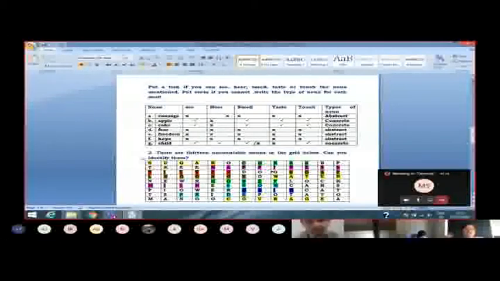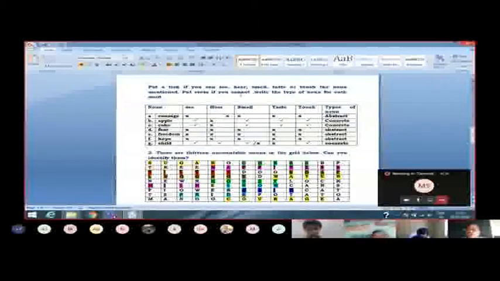Some of the examples we can find out, which type of nouns. Here you see, put a tick if you can see, smell, taste or touch the noun mentioned here. Put a cross if you cannot. If it is wrong, you have to put the cross.